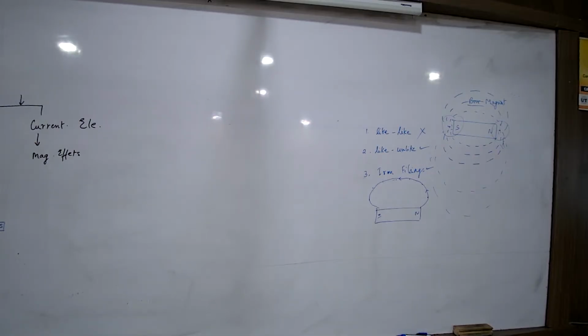Continue. That a compass needle got deflected when an electric current passed through a metallic wire placed nearby. Underline that. What was happening here? You find that a compass needle is getting deflected when it is placed near a conducting wire.